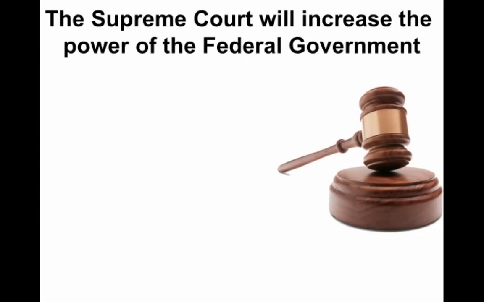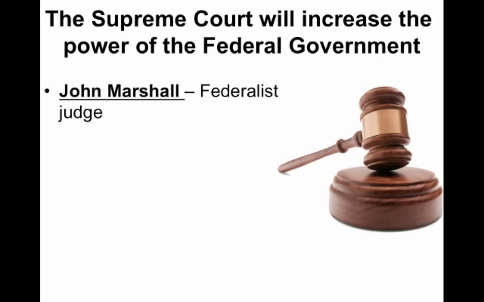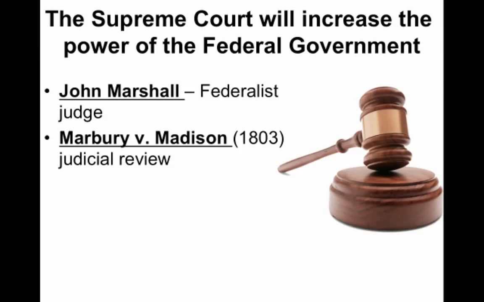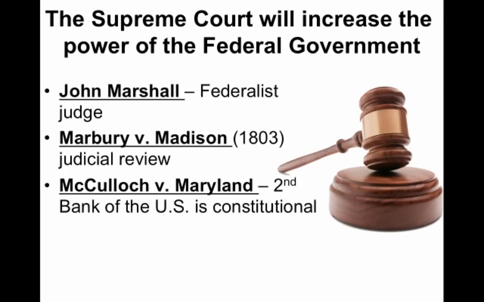In spite of this kind of effort by states and different sections of the country to pursue their goals, the Supreme Court will increase the power of the federal government during this time. We saw it: John Marshall, kind of the Federalist judge, Marbury versus Madison, the importance of judicial review. They established that precedent.